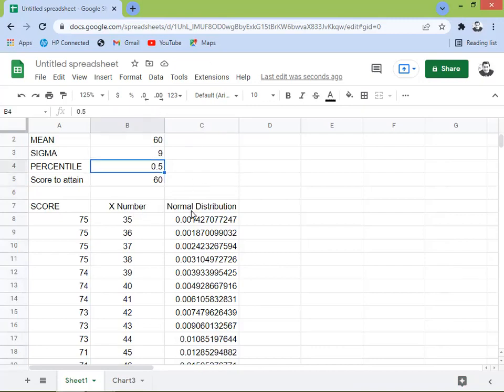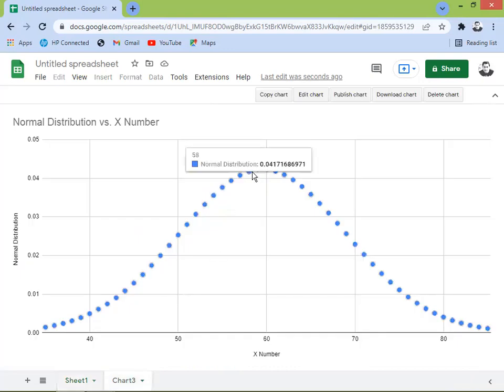So our average number is 60. This one is right here in the middle, 60, and this would be the zero sigma, right in the middle, or the median. If we go to the right, that would be positive 1 sigma, positive 2, positive 3.